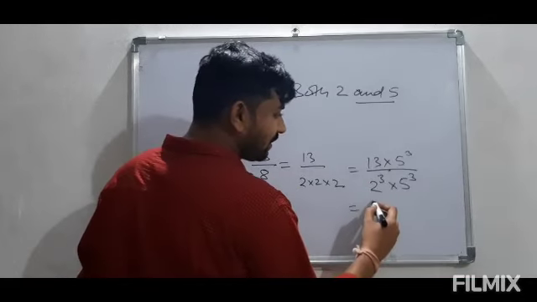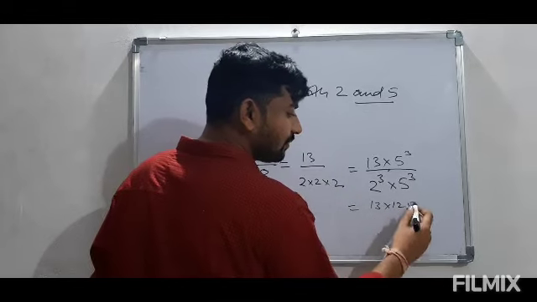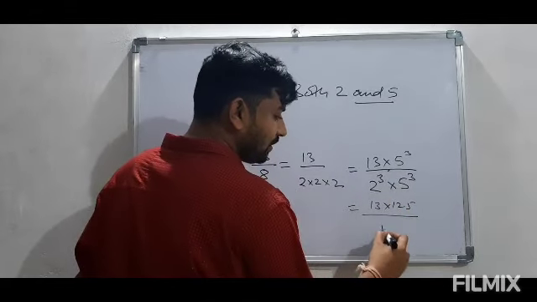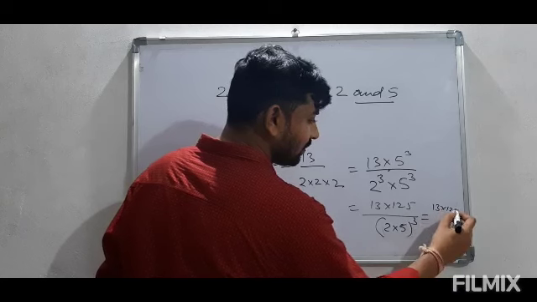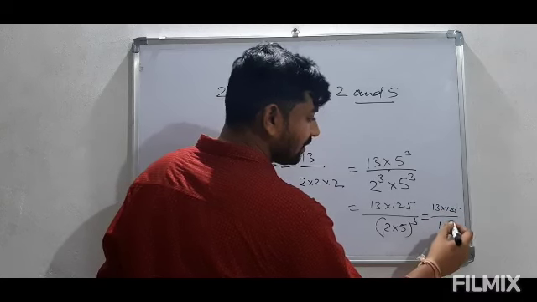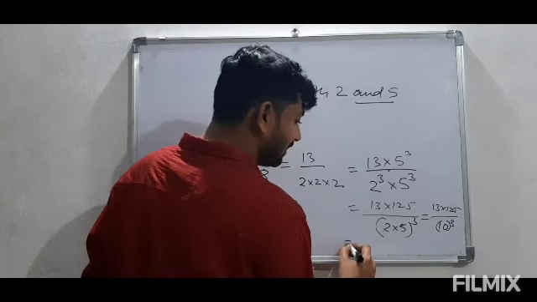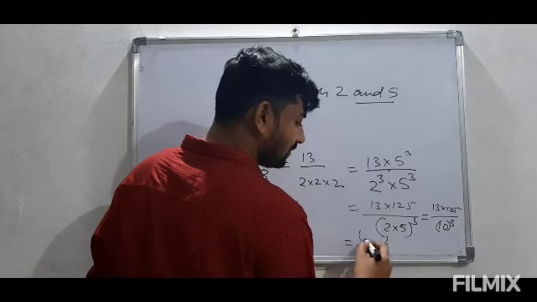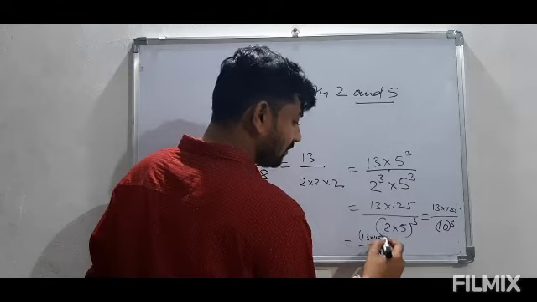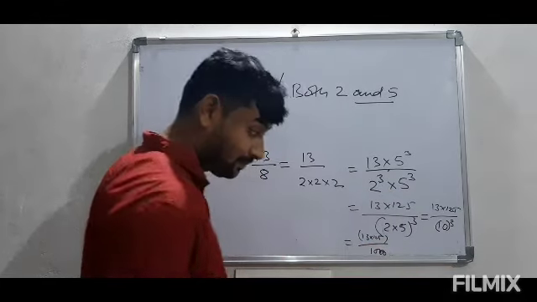So finally what we are getting, 13 into 125 upon, in denominator we can write it as 2 into 5 whole power 3. So we get 13 into 125 upon 10 power 3, that is 13 into 125 upon 1000.